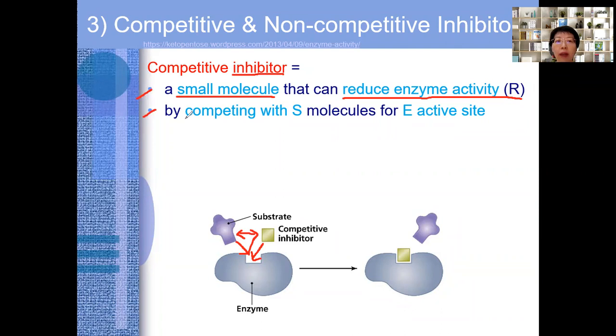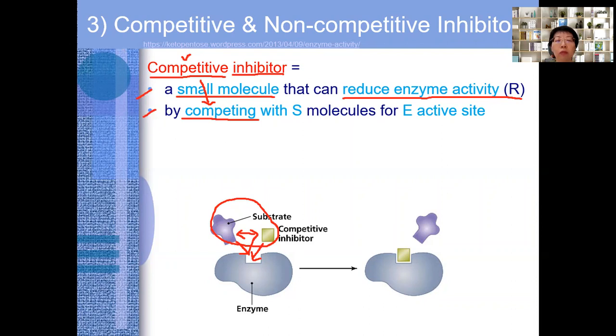I guess in one of the past years this was not acceptable because the examiner decided that if I use the word competitive here and you use back the word competing, you're not elaborating the meaning of this term. But this is the best word to show that both substrate and inhibitor are competing with each other for the active site. So therefore, when you write this point now, you should be able to get marks.